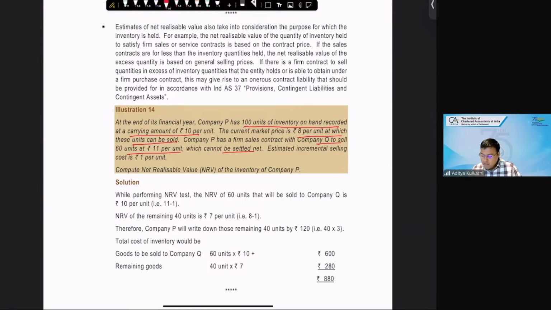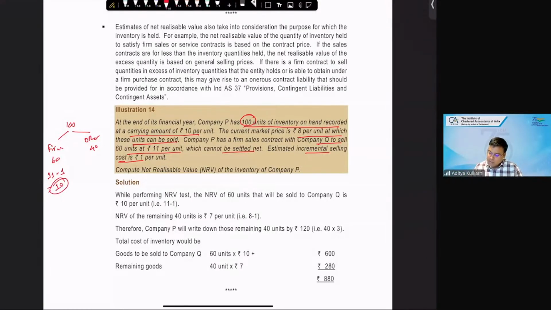So when you are computing the NRV, I have 100 units. The 100 units can be classified into firm order and others. Firm order, I have 60 units. So here I will have 40 units. For 60 units, it is 11 minus 1 incremental selling cost, so this is equal to 10.